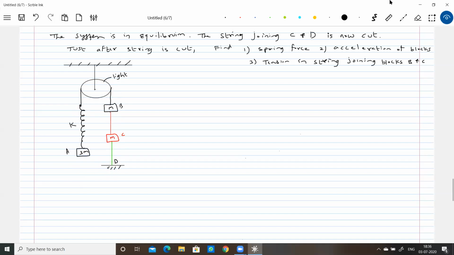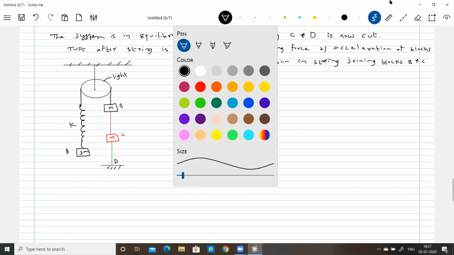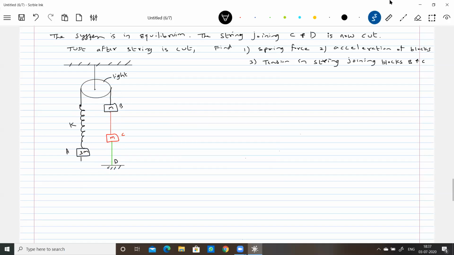So show all the forces acting now. This will be the 3mg force, mg, and here is the spring force kx. This kx should act here, no? So for the spring you show it like this, kx, and on the pulley also you can show like this.